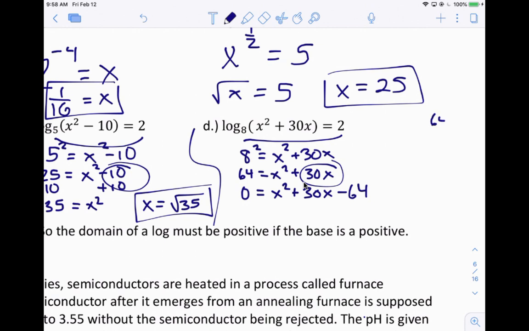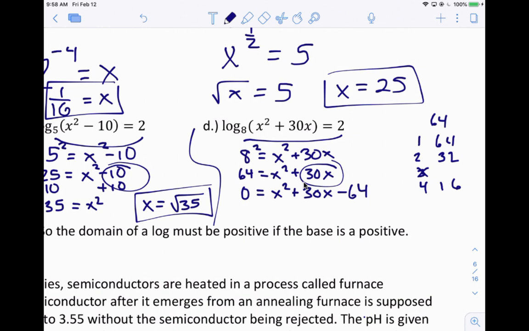I'll just do factor pairs. 64: 1 and 64, 2 and 32, 3 and, I don't know. Okay, 64 divided by 3, nope. 64 divided by 2 is 32. 64 divided by 4 is 16.